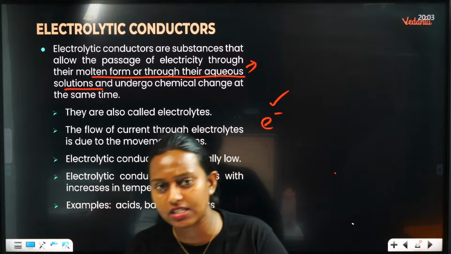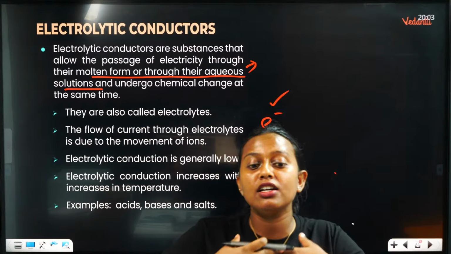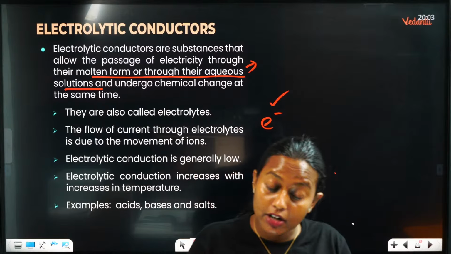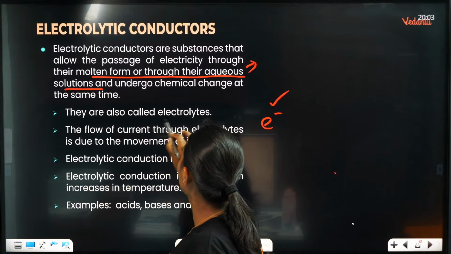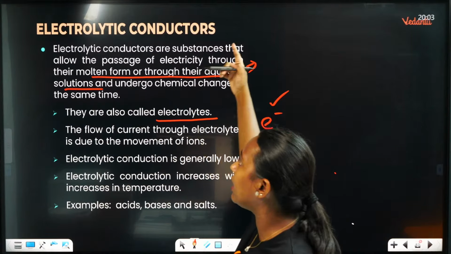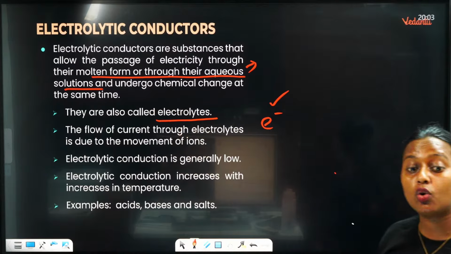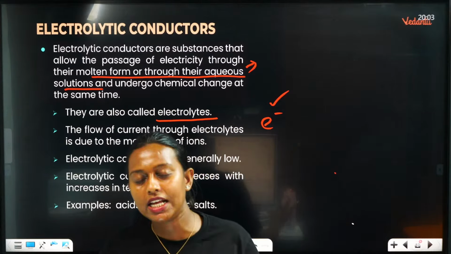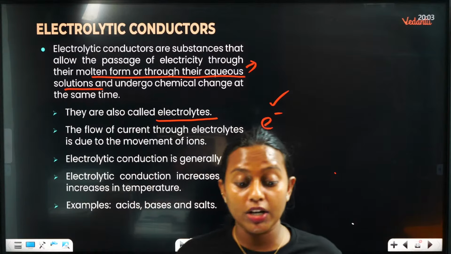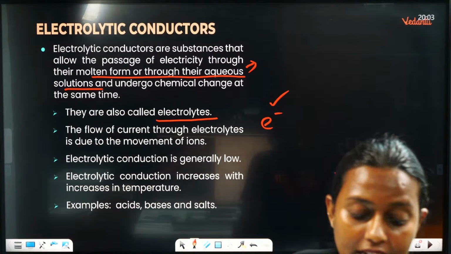So these ions will carry the electricity. They are also called electrolytes. Electrolytes in aqueous solution or in the molten state will carry electricity.